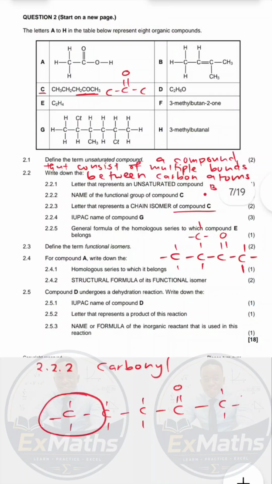But we need its IUPAC name. Maybe it can make it easier for us to identify it from the table. By numbering our carbons, we can start numbering from right to left: 1, 2, 3, 4. So our methyl, the branched chain, is on carbon number 3.